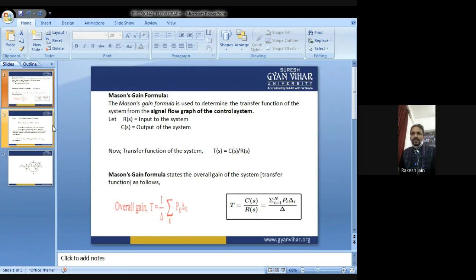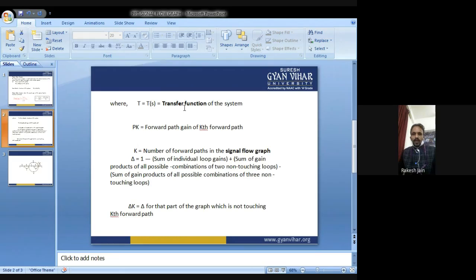What is the meaning of this? In any signal flow graph, as I told you in previous lectures, when we solve certain simple numericals on signal flow graph, the same formula is used. T stands for the transfer function, and Pk is the forward path gain, Pk del k upon del. K is the number of forward paths from the input side to reach the output side.